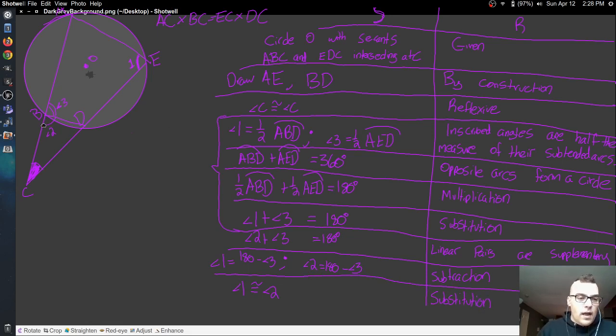So I now know that this angle here is congruent to this angle here. That's enough for me to say that those two triangles I drew are similar. I'm going to try to keep continuing the proof right over here, but I may run out of room. Statement and a reason. So now I can say that triangle, my big one, AEC, is similar to, what's my other one?